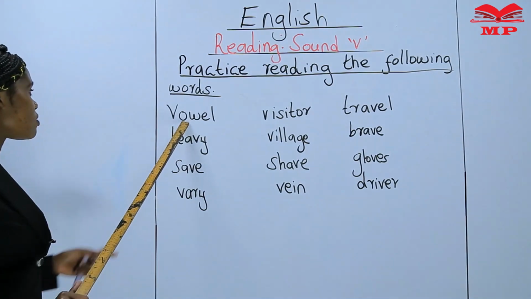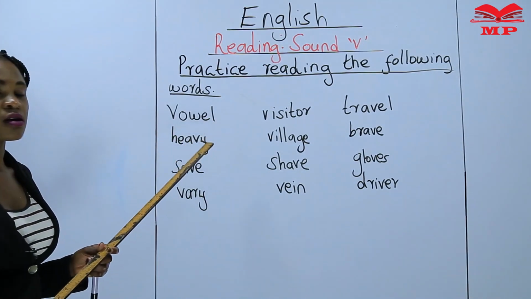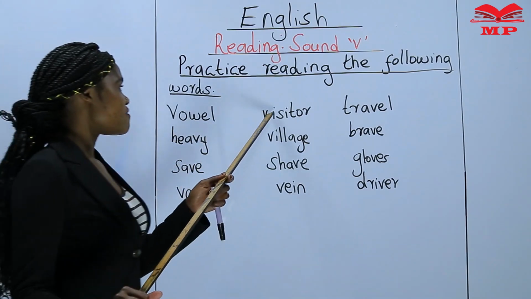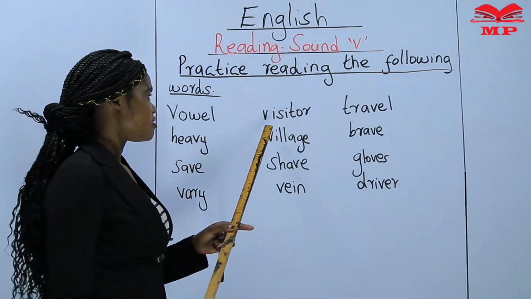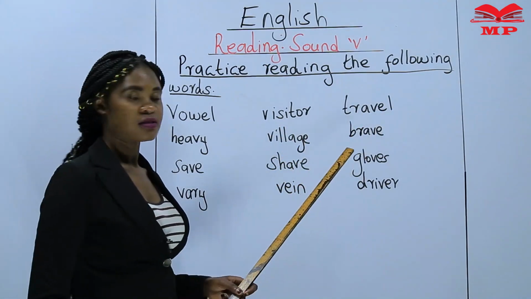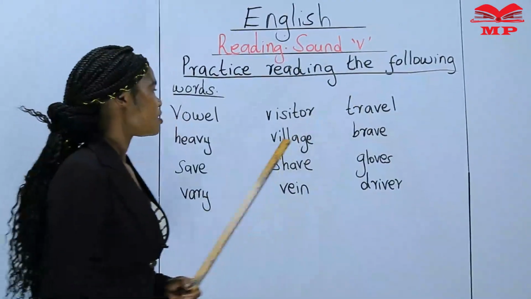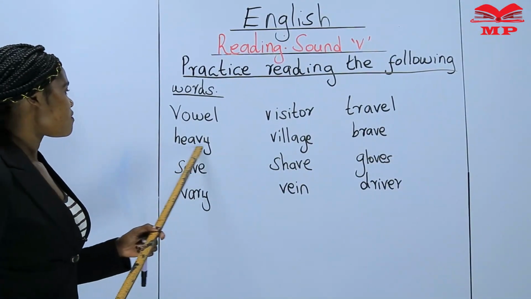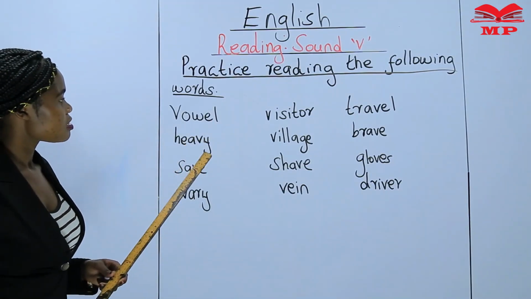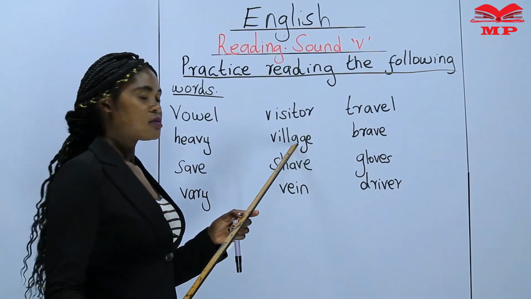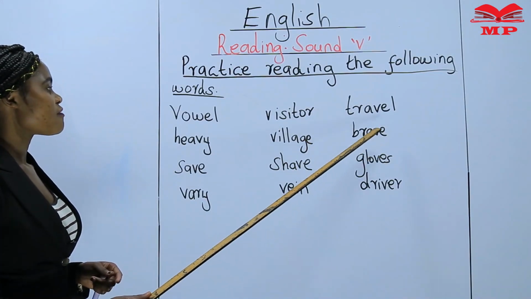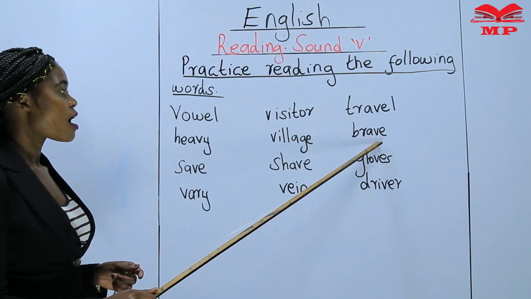So the very first word, we have the word vowel. Vowel. Then visitor. Visitor. Travel. Travel. Heavy. Heavy. Village. Village. Brave. Brave.